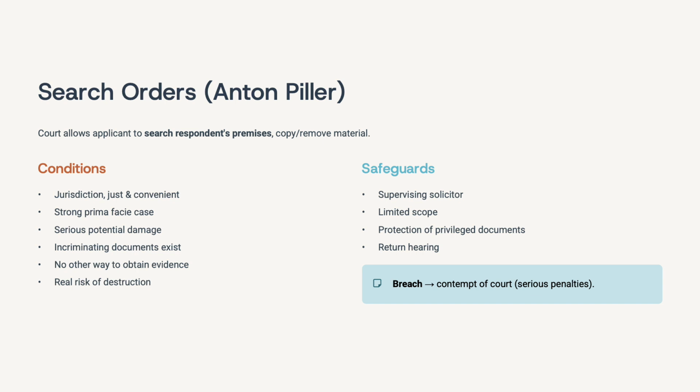There will be restricted attendance and protection of privileged documents. If there is a breach, there will be contempt of court. And yes, the supervising solicitor will be watching like a hawk. You cannot sneak in or sneak out with evidence. The court frowns on ninjas.